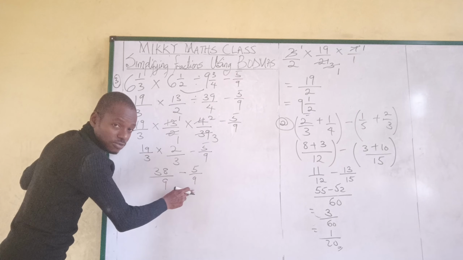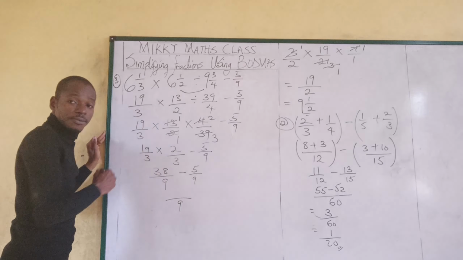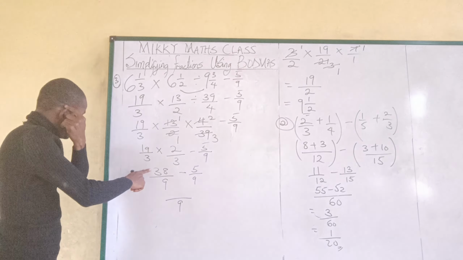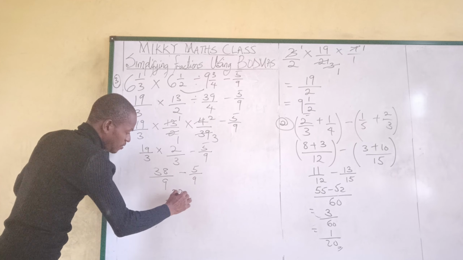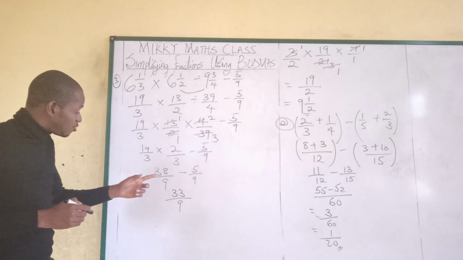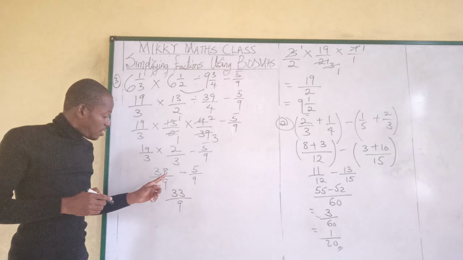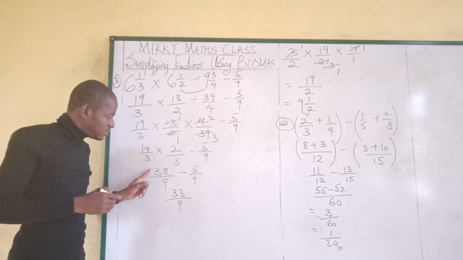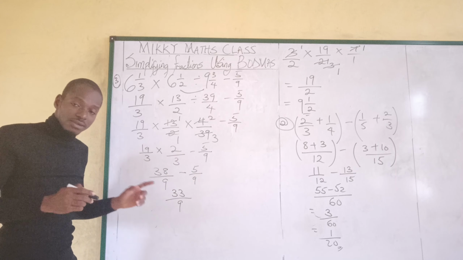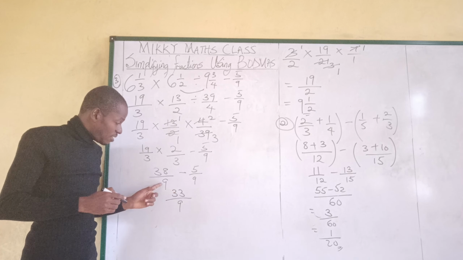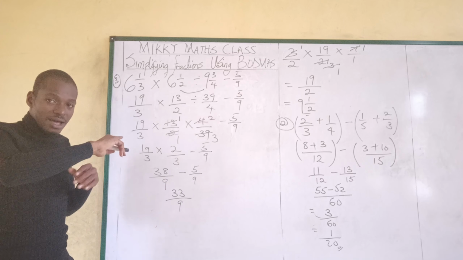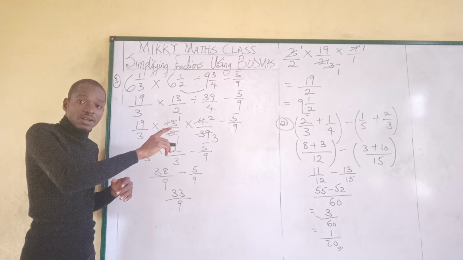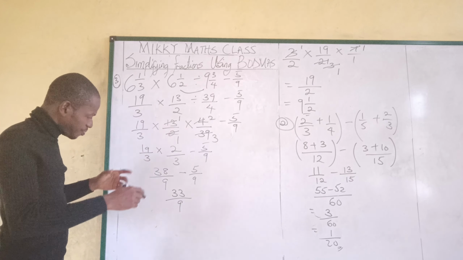This is 9 here, this is 9 here, so I'll just pick over 9. Then I'll say 38 minus 5, that's 33. Assuming it was addition, I would just say 38 plus 5 over 9. Once they have the same denominator, just either add or subtract the numerators.